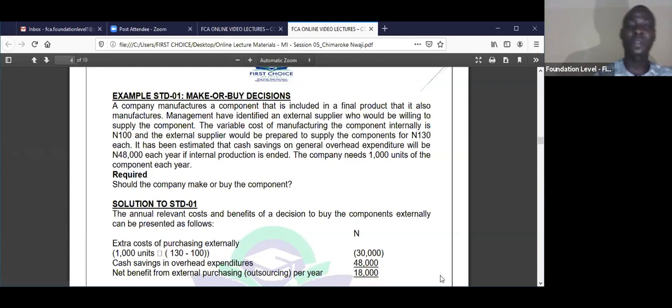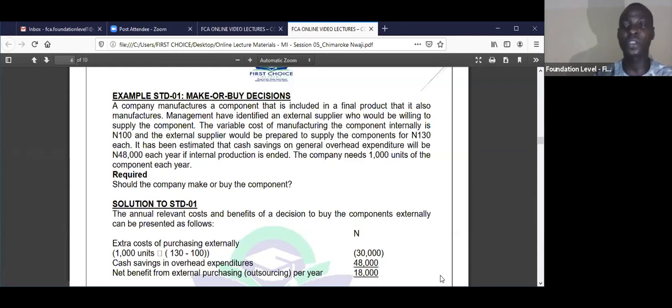So you'll be thinking, why should I make it myself, or why should I give it out to others? And you are starting to look at relevant costs. We said variable costs are relevant costs. Fixed costs are not relevant costs. So you'll be looking at it, there is no fixed cost mentioned here. We are told that the variable cost is 100 naira.